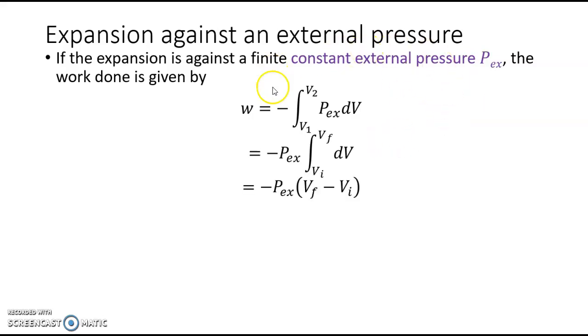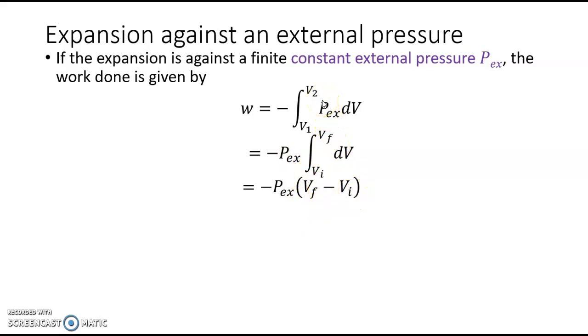In such a situation, W is the integral from state 1, represented by V1, to V2, of negative P external dV. Because P external is constant, it can come out of the integral, and we are left with Vf minus Vi.